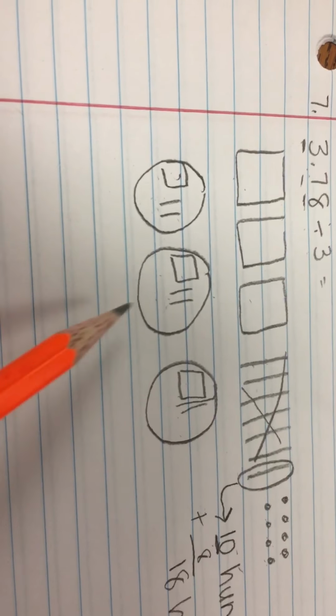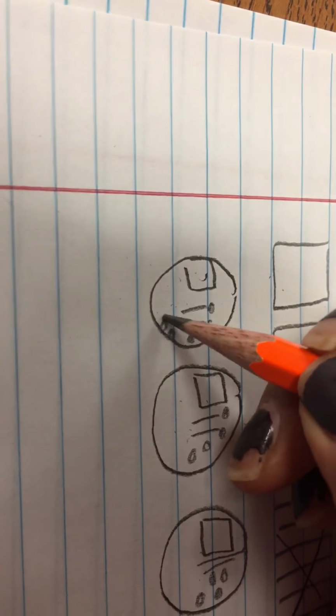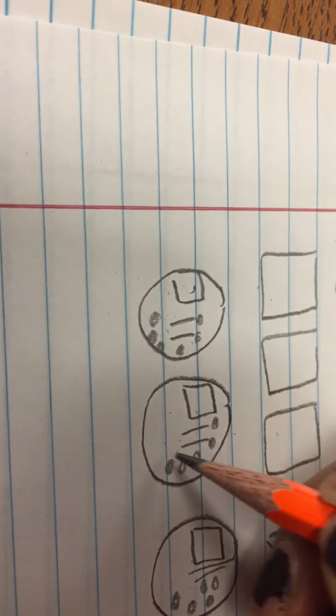So I'm just going to count up to it. 1, 2, 3, 4, 5, 6, 7, 8, 9, 10, 11, 12, 13, 14, 15, 16, 17, 18. We're done now because I reached 18 hundredths. How many is in each group? Well, let's figure out the answer now.